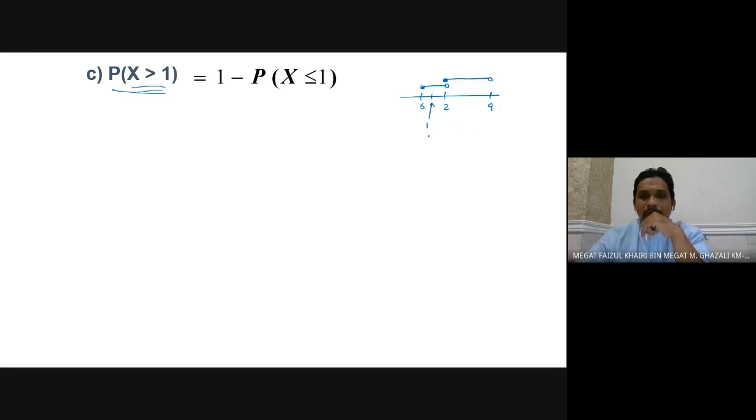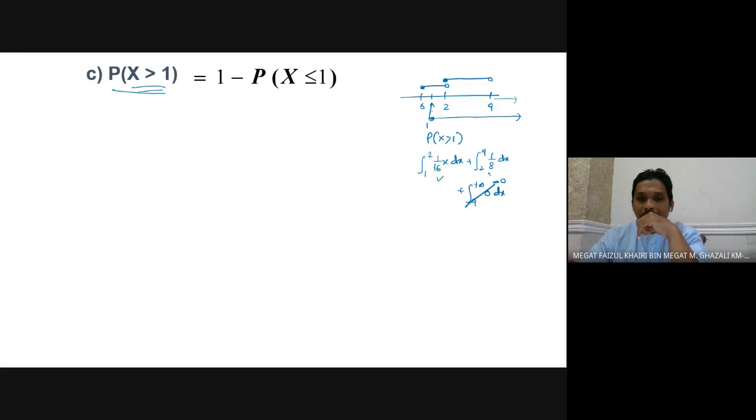If you would like to find probability of x greater than 1, from 1 to positive infinity, you may find this by integrating the function from 1 to 2, 1 over 16x dx, plus 2 until 9, 1 over 8 dx, plus from 9 to positive infinity, the function is 0 dx, which is equal to 0. You may find it this way.